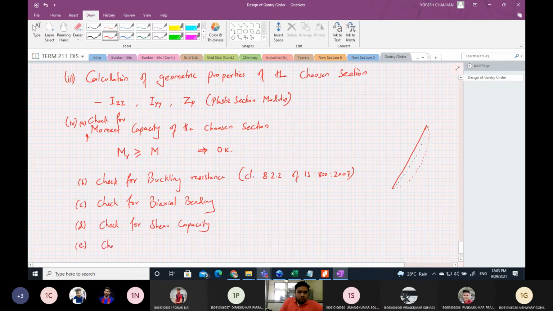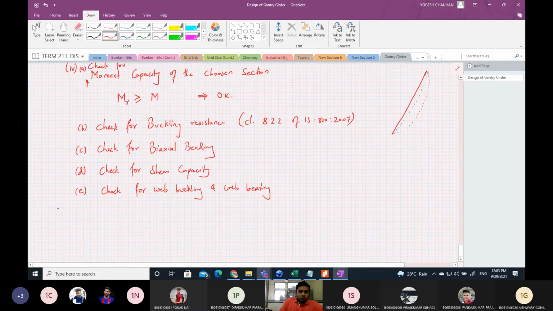Check for web buckling and web bearing. Then check for deflection.